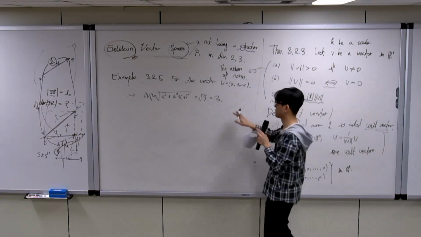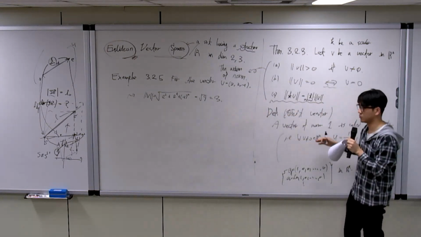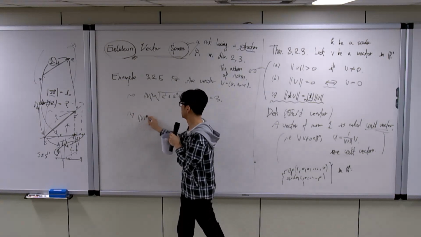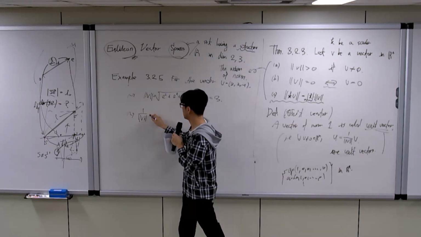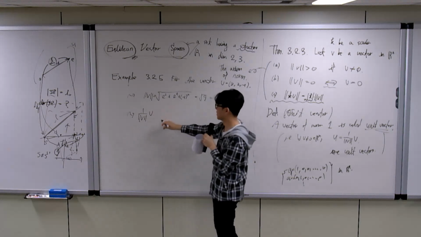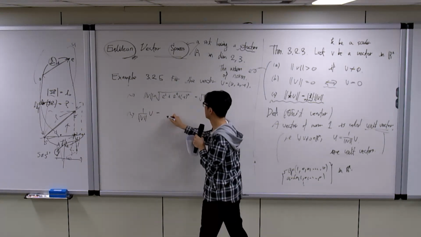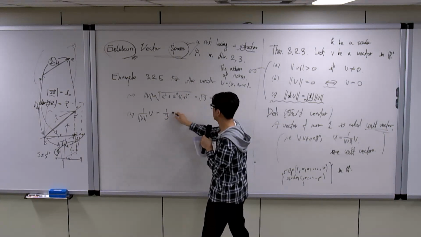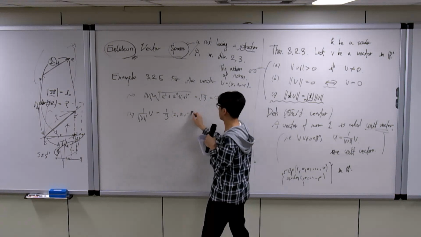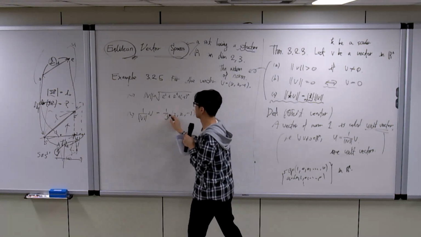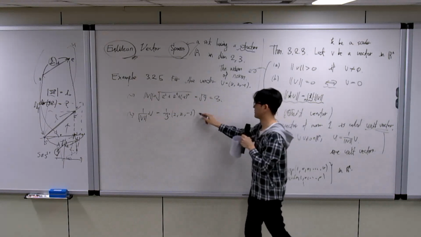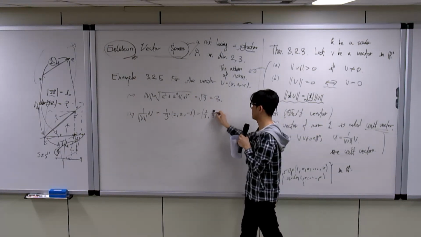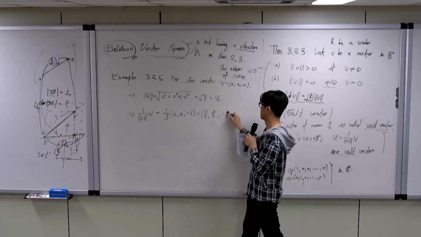And by using this norm, we can make the unit vector by dividing the vector v by this norm. That means 1 over 3 times 2 2 minus 1, and it is scalar multiplication.